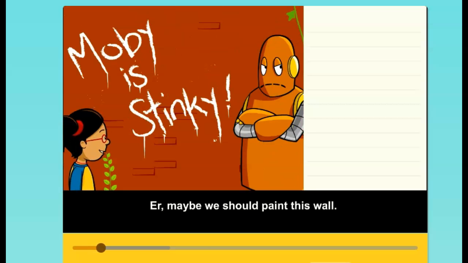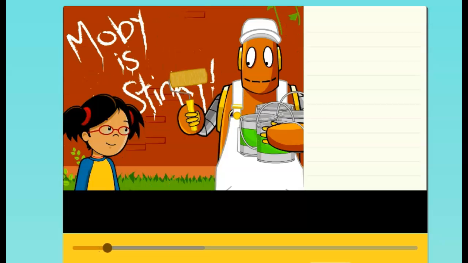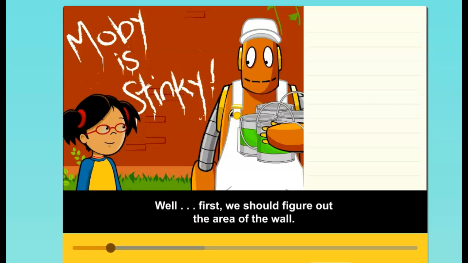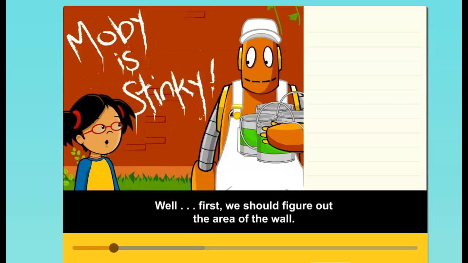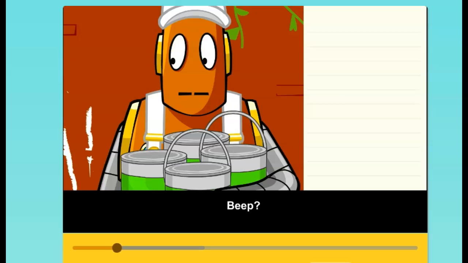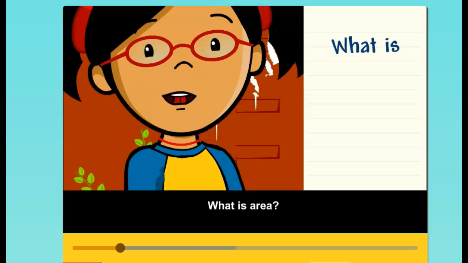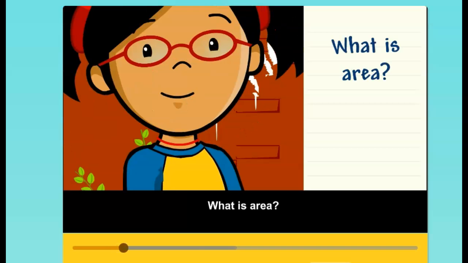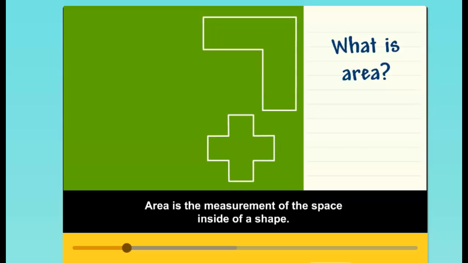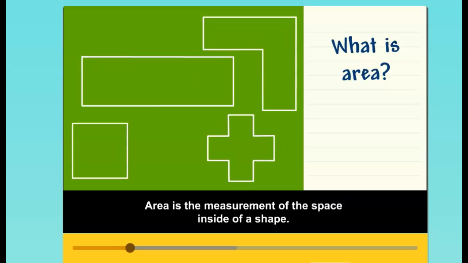Maybe we should paint this wall. Well, first, we should figure out the area of the wall. What is area? Area is the measurement of the space inside of a shape.